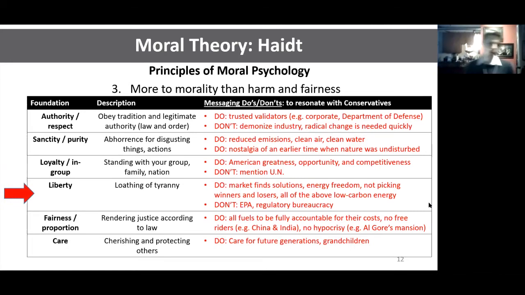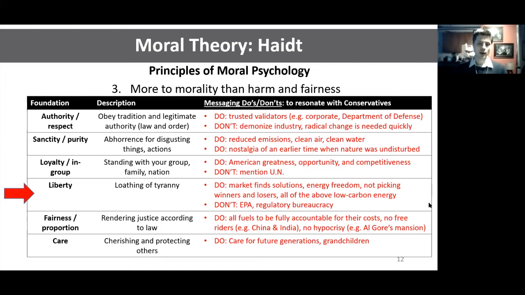Liberty, loathing of tyranny. This is where we really want to talk about being market-based. So we do want to talk about letting the market find solutions, not the government, not a bureaucrat. We want to talk about energy freedom, not picking winners and losers, and talk about an all-of-the-above low-carbon energy future, right? All of the above is sort of the energy policy for a lot of Republicans. And, frankly, at CCL, we don't oppose that.